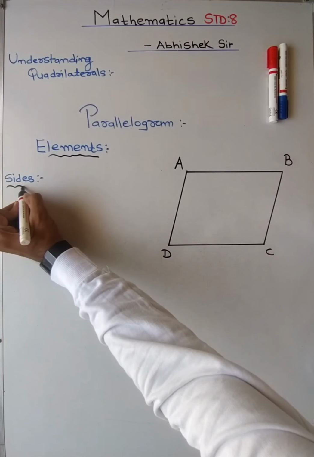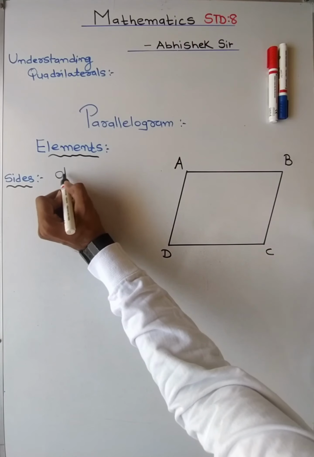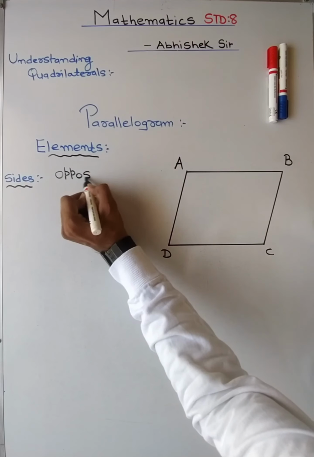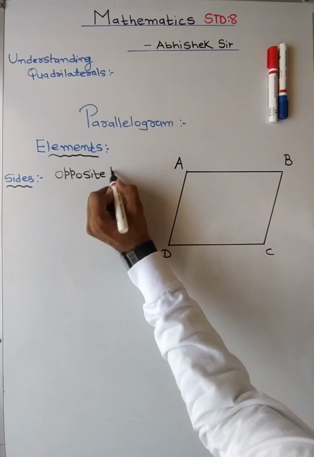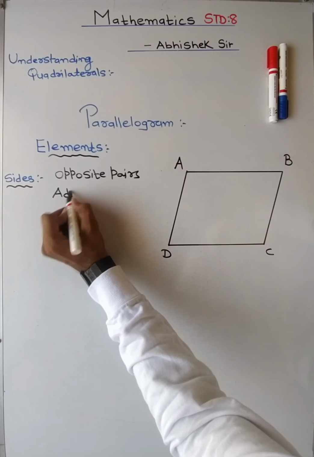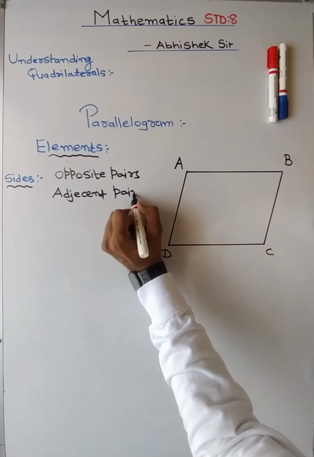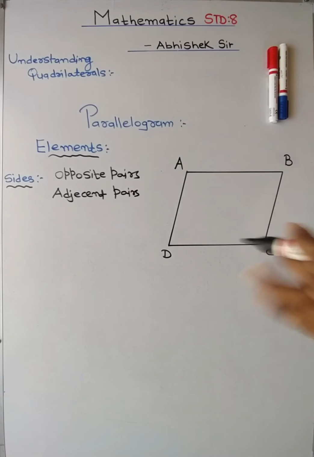When we talk about sides, we will deal with how many opposite pairs we can form, right, and how many adjacent pairs we can form. Now let me tell you what are opposite and adjacent.